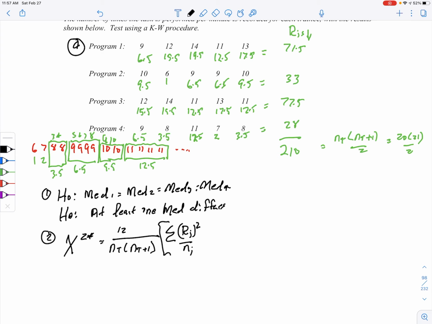And here I'll put some kind of square brackets around that just to further divide them out. Minus 3 times NT plus 1. So it's kind of a goofy formula, but that's what the thing looks like.